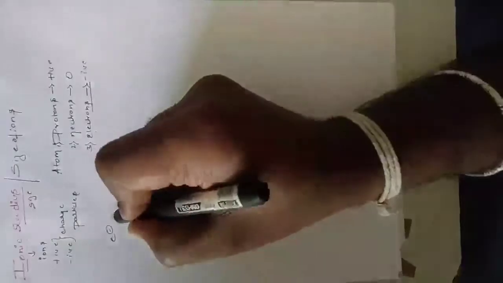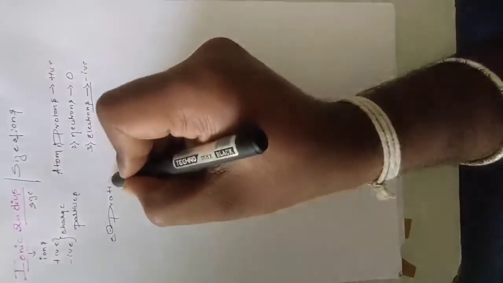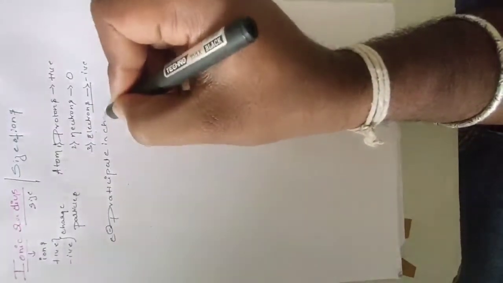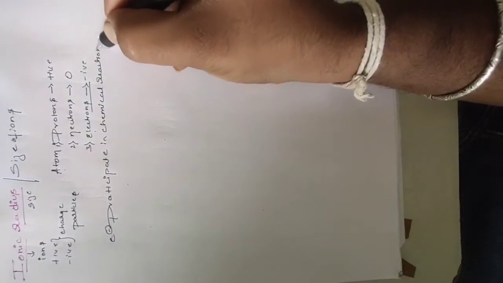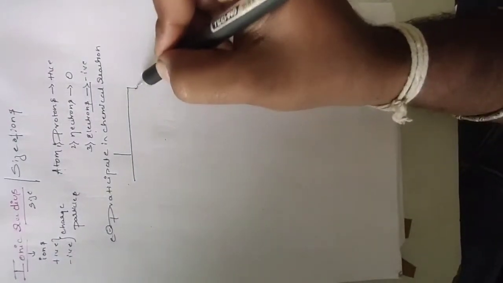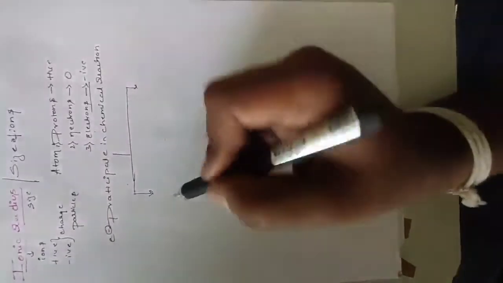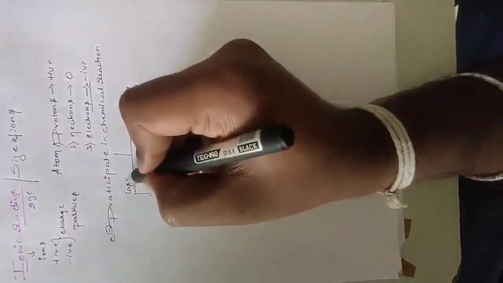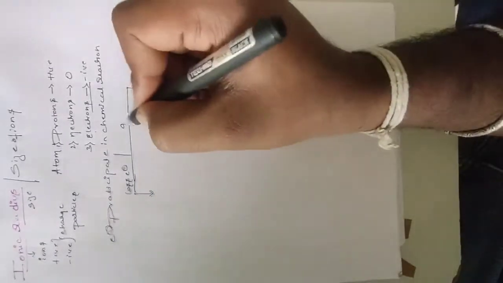For ionic radius, the electrons participate in a chemical reaction. Ions may be of two types: one is loss of electron, one is gain of electron.